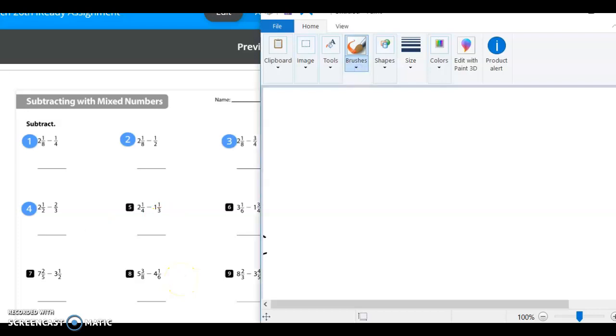So the problem for number 5 is 2 1/4 minus 1 1/3. Well, the first thing I notice is that I do not have common denominators. The second thing I notice is that this is a mixed number.